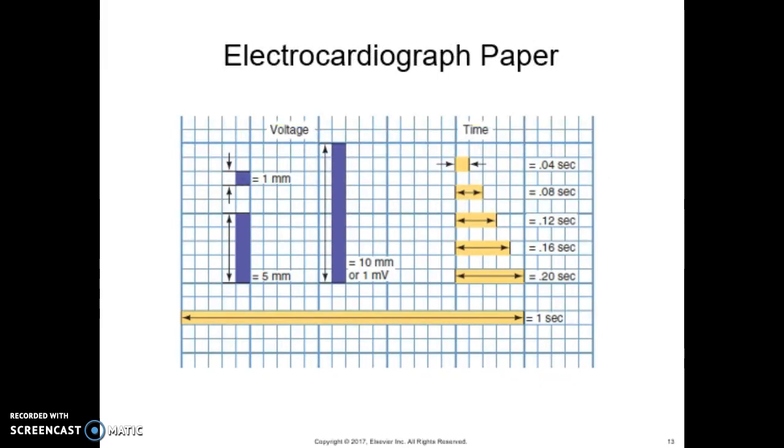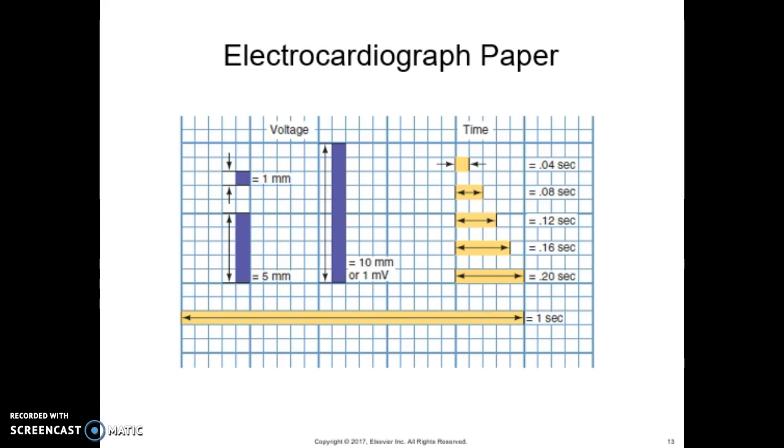Here in figure 25.4, this shows the actual ECG paper. You need to know both the size and the meaning of each square in the ECG paper to understand the significance. So how do we interpret an ECG? We're going to talk a lot about that this week and for upcoming weeks.